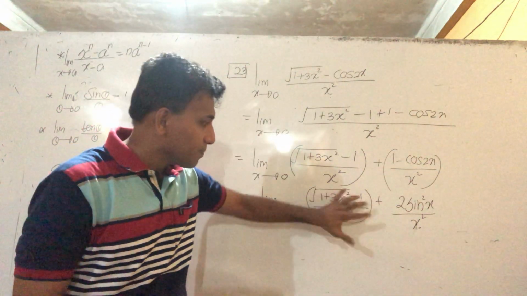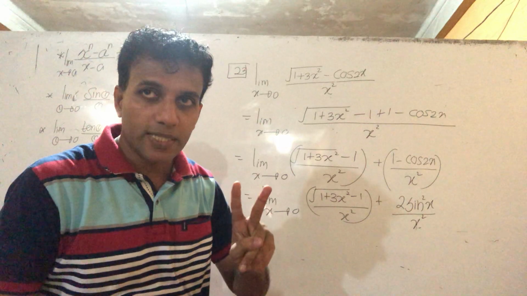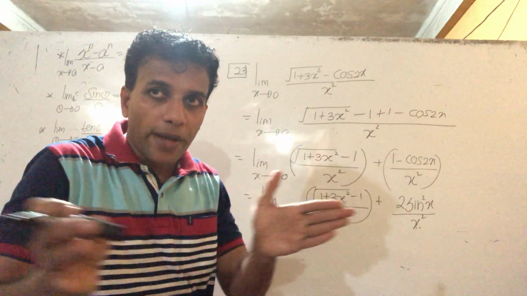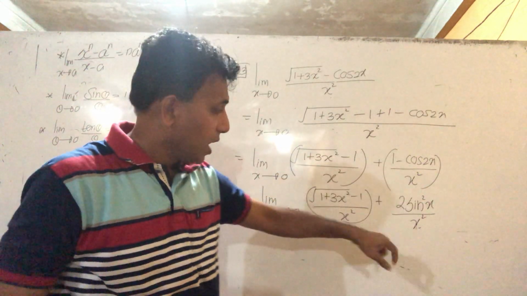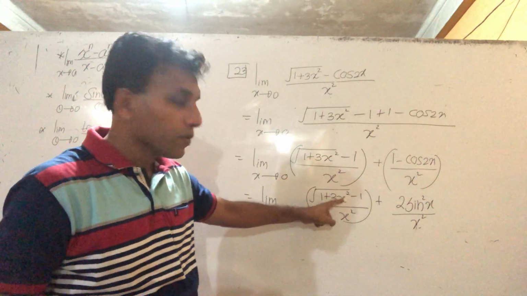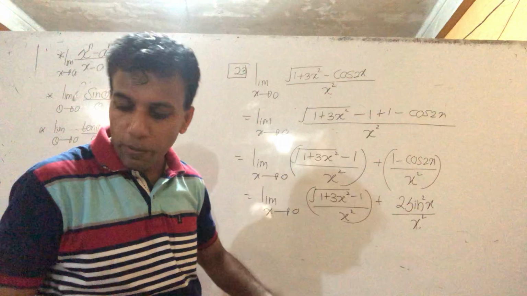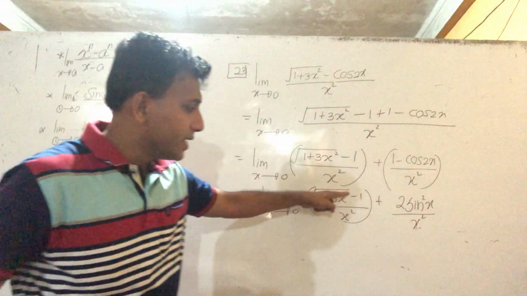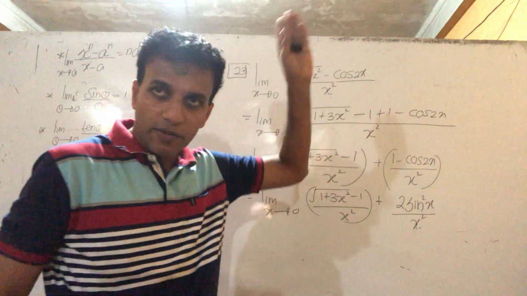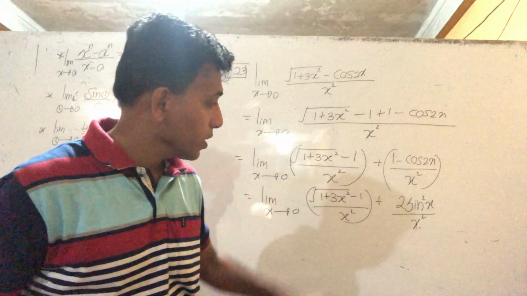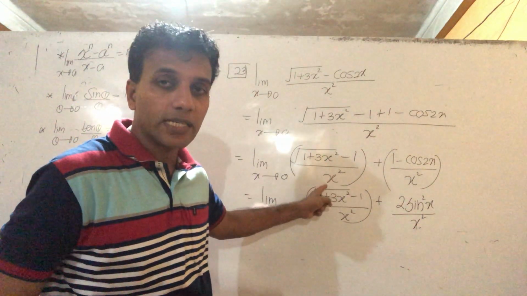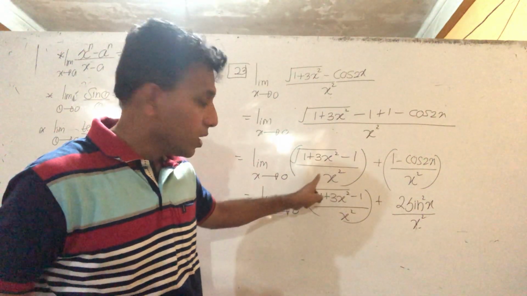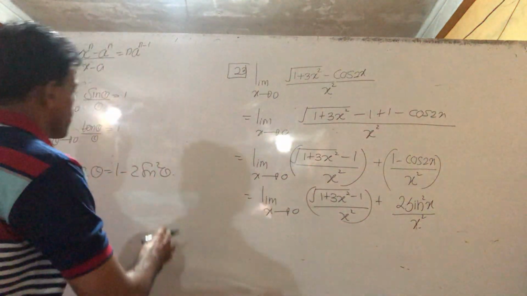Actually here there are two questions. The problem is now divided into two problems. One is this, the other one is that. Here if you put x equals 0, once again 0 over 0, meaningless. Therefore the idea for this type of question, which we did in earlier videos also, is the conjugate method: multiply up and down by the numerator's conjugate.